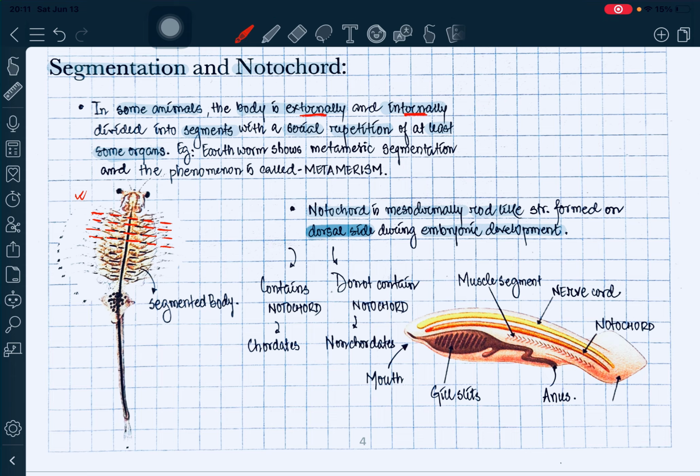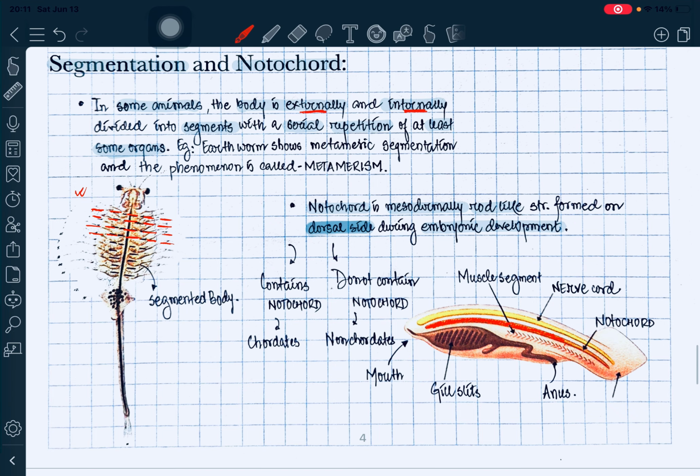So this one, what you can see, is called the notochord. It is a rod-like structure formed on the dorsal side of the organism during its embryonic development. Okay, so this is called notochord.